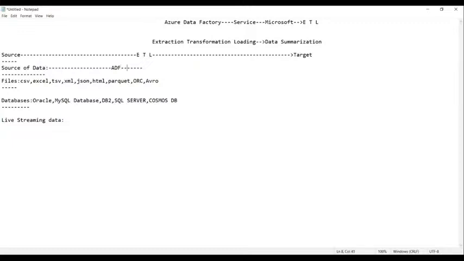Using this ADF, we perform the job of ETL, that is extraction, transformation, and loading, and load the data into the destination. Target can also be referred to as destination. Clear, everyone?